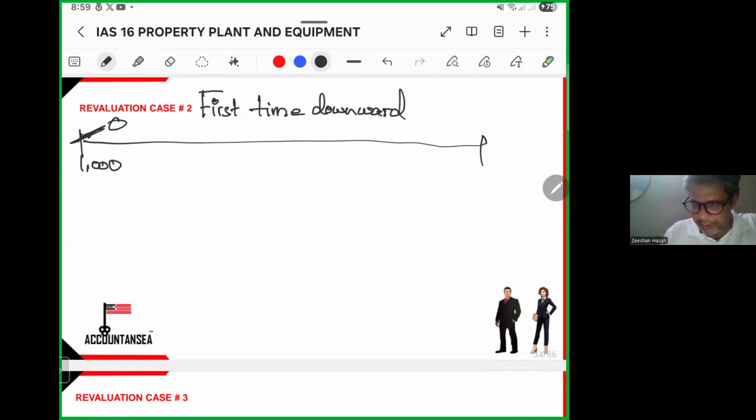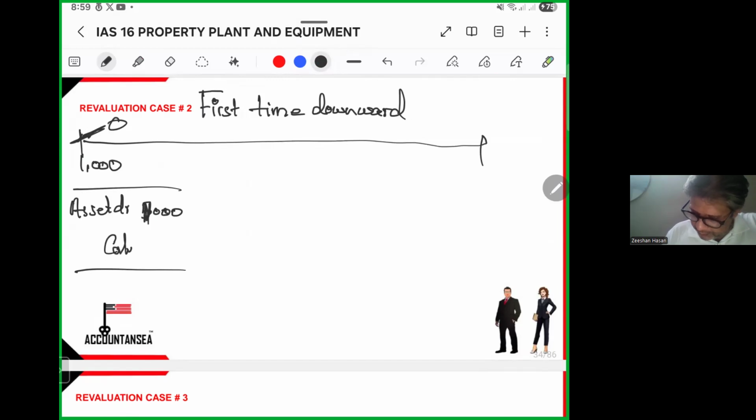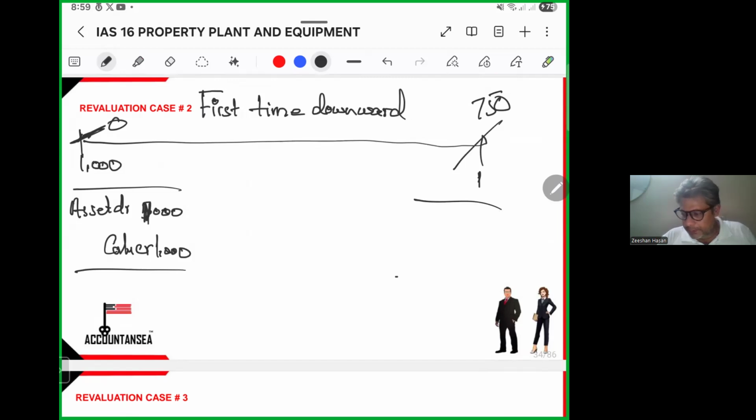We purchase it for 1,000. So like before, it is the same: asset debit 1,000, and cash credit 1,000. And at the end of year one, now its value goes down to 750 from 1,000. So the asset value is credited by 250.